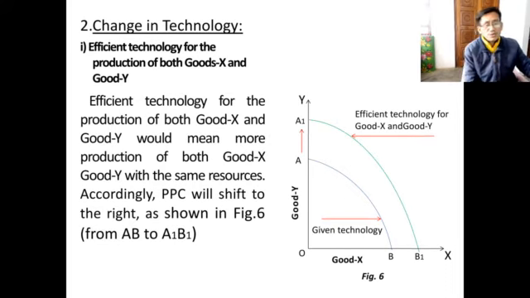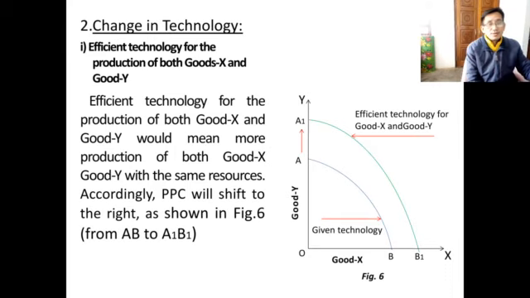Okay, so thus we have seen the production possibility curve may be shifted, or it may be rotated, according to the change in the resources and change in technology. We have seen all those changes.